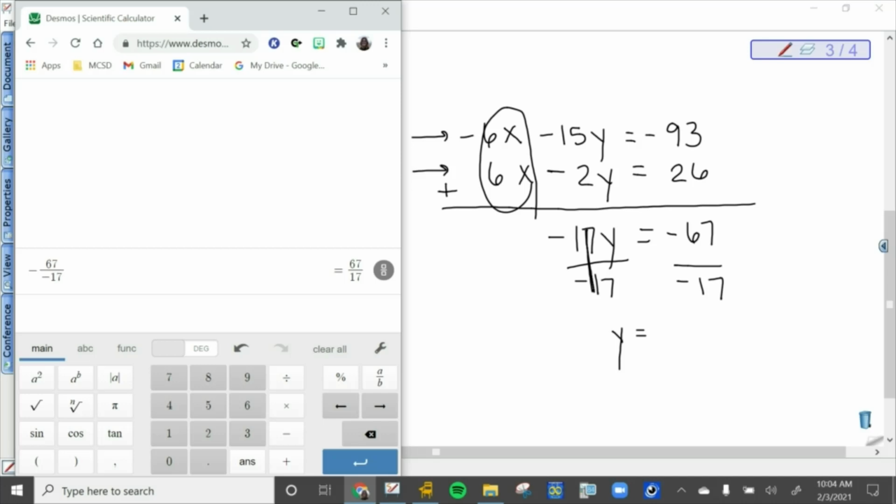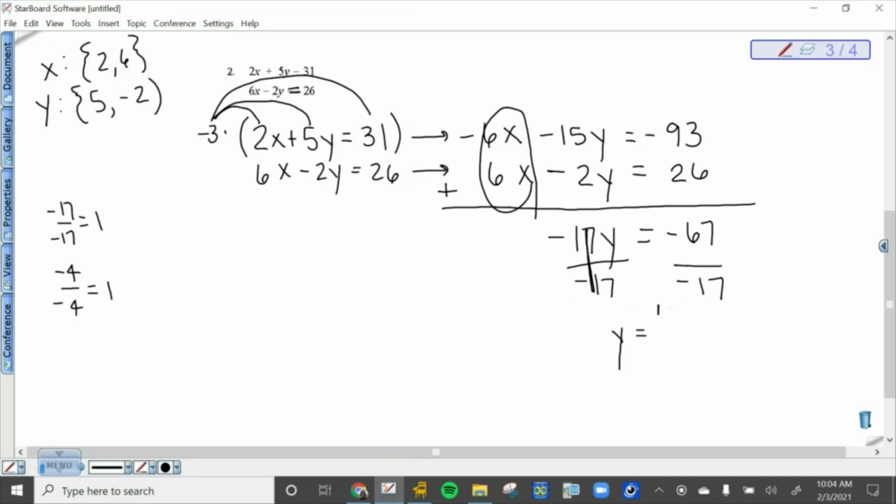It's just 67 over 17, positive, because it's negative over a negative. It's not a very nice problem to do.